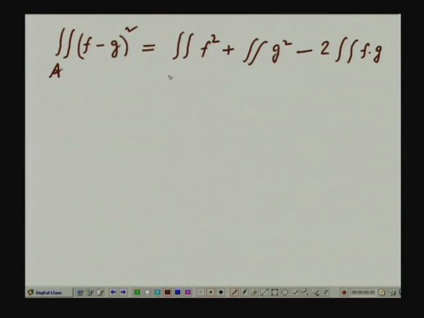All these double integrations are to be taken over the given region A. Now, you find that for a given template, this double integration f square is fixed, and also for a given image over the region A, this double integration g square is also fixed.